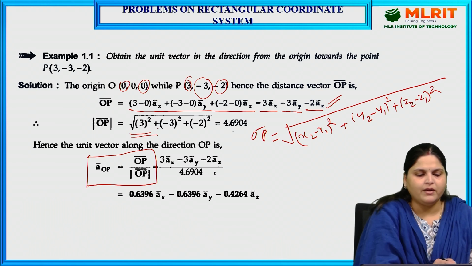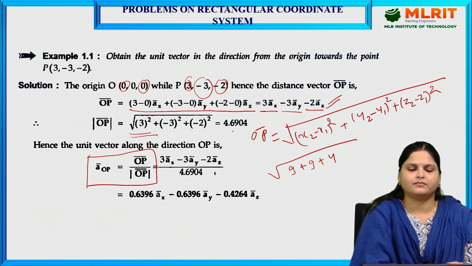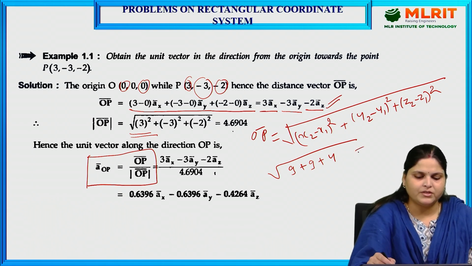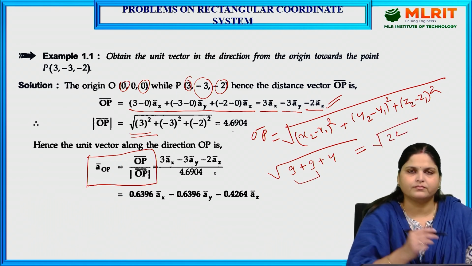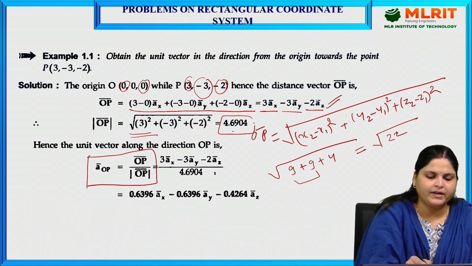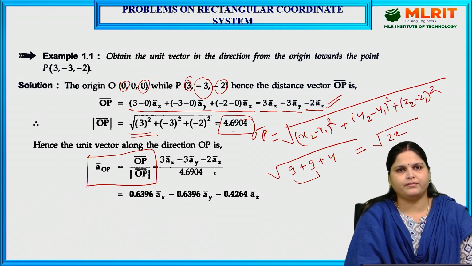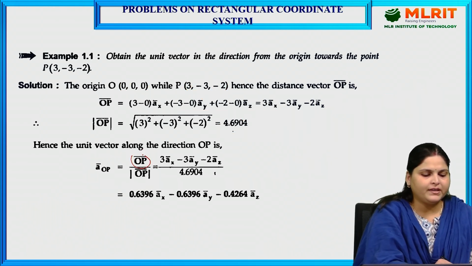So 9 plus 9 is 18, 18 plus 4 is 22. And the square root of 22 is 4.6904.